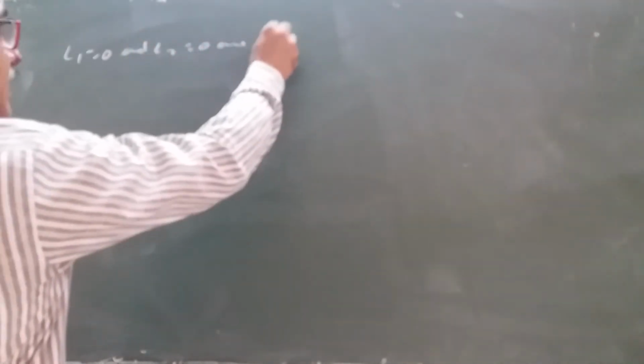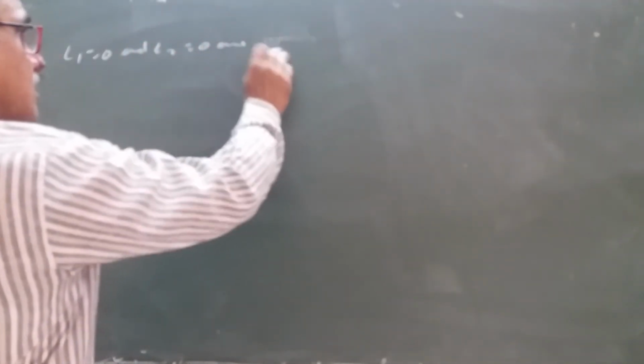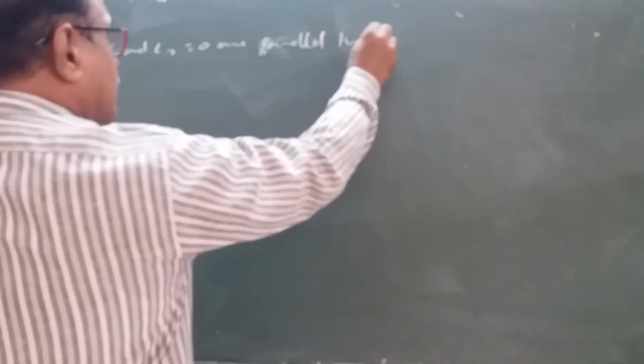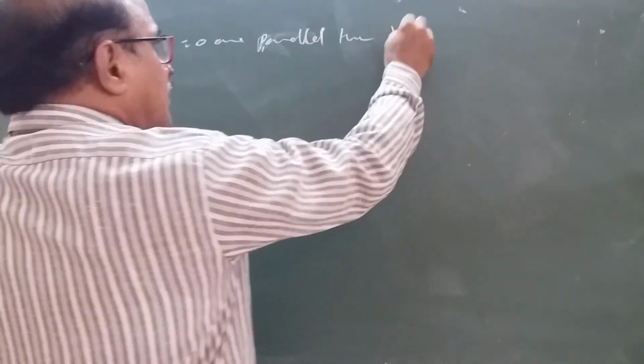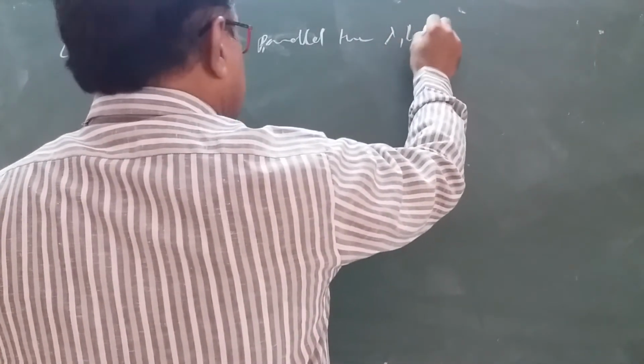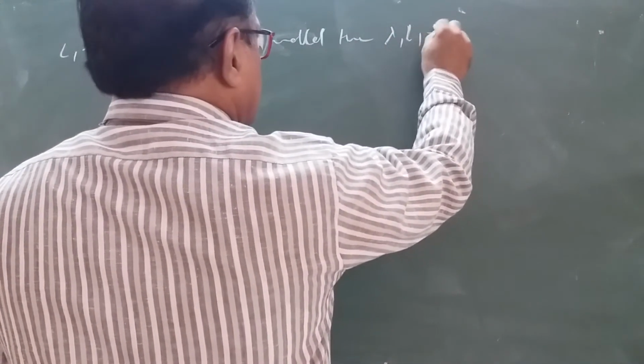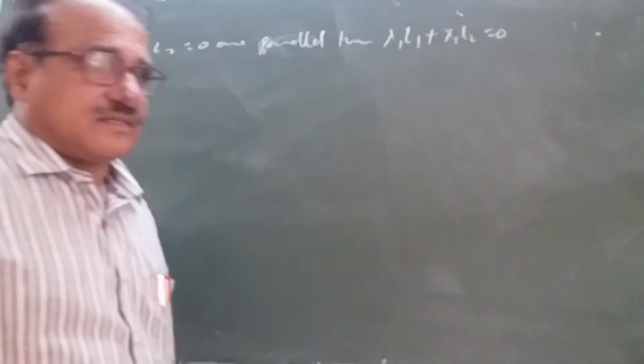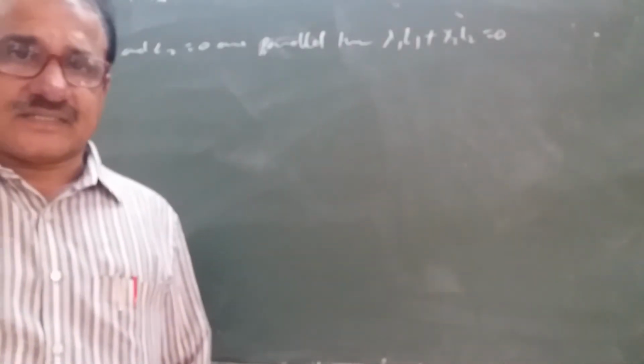If L1 equals 0 and L2 equals 0 are parallel, then lambda 1 L1 plus lambda 2 L2 is a pair of straight lines with two pair of straight lines.